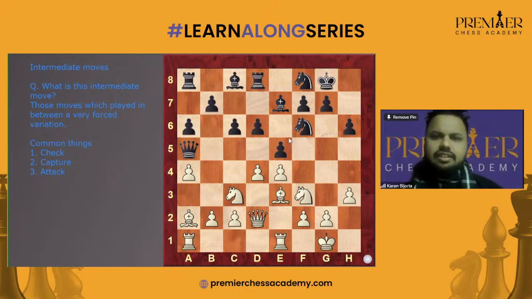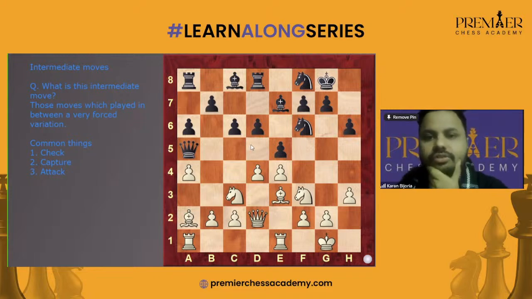Is it easier for you to pluck it from there, or is it easier to take a balloon that is just lying on the ground? Obviously you will say lying on the ground. So it is also easier to capture, or you can say to attack, those pieces which are unprotected.